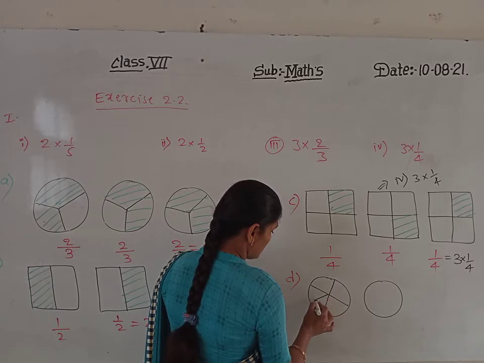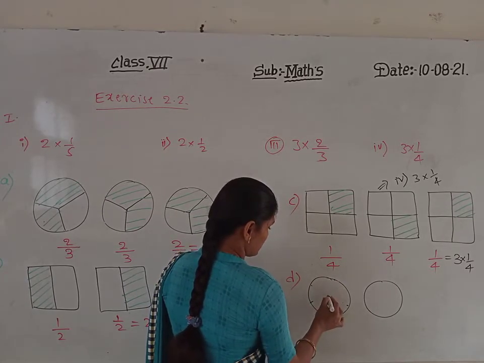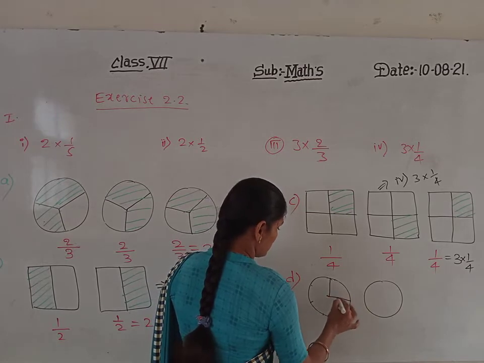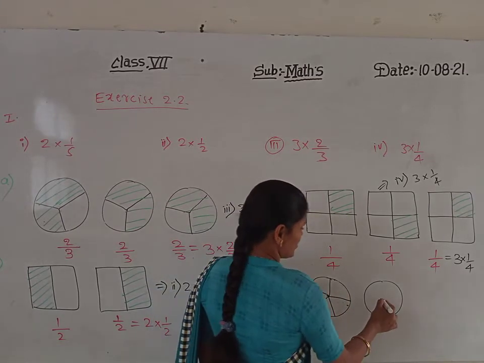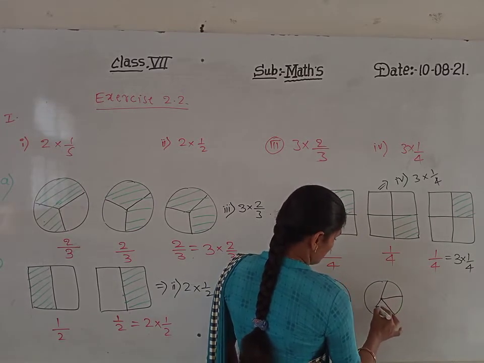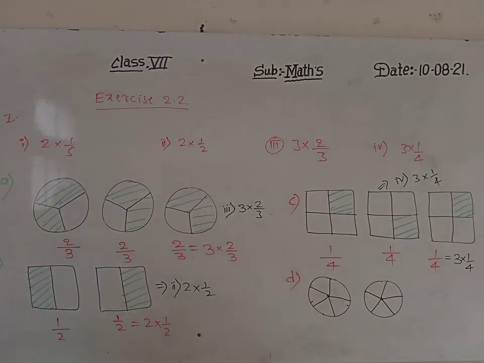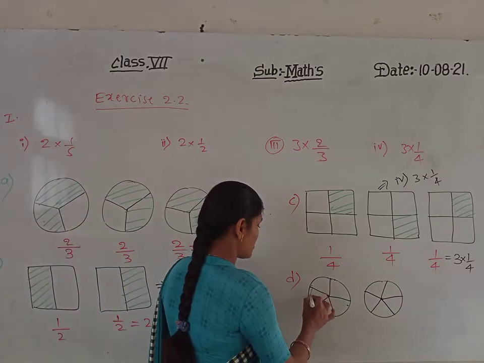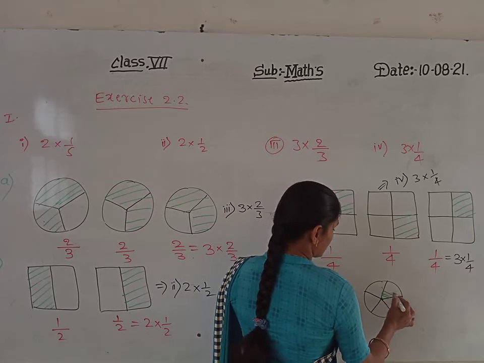You want equal parts, okay? 1, 2, 3, 4, 5. Then here 1, 2, 3, 4, 5. Yes, in each ring there are 5 equal parts. Out of 5 equal parts, 1 part is shaded. Here also only 1 part is shaded.